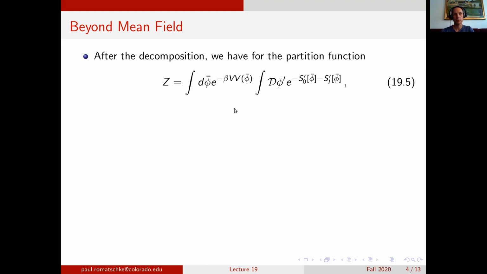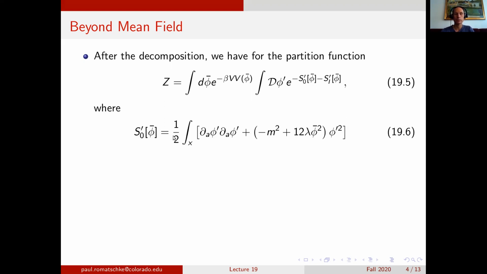The partition function is given as the integral over the mean field times the exponential of the classical potential times the path integral over the fluctuations of an expression involving a modified action, which I denote by the prime, where these two expressions are S0 prime, given by the quadratic part in the fluctuations, so that has a kinetic term and it has the quadratic part of the potential, and a second term that I call Si prime, which has the cubic and quartic contributions in fluctuations.